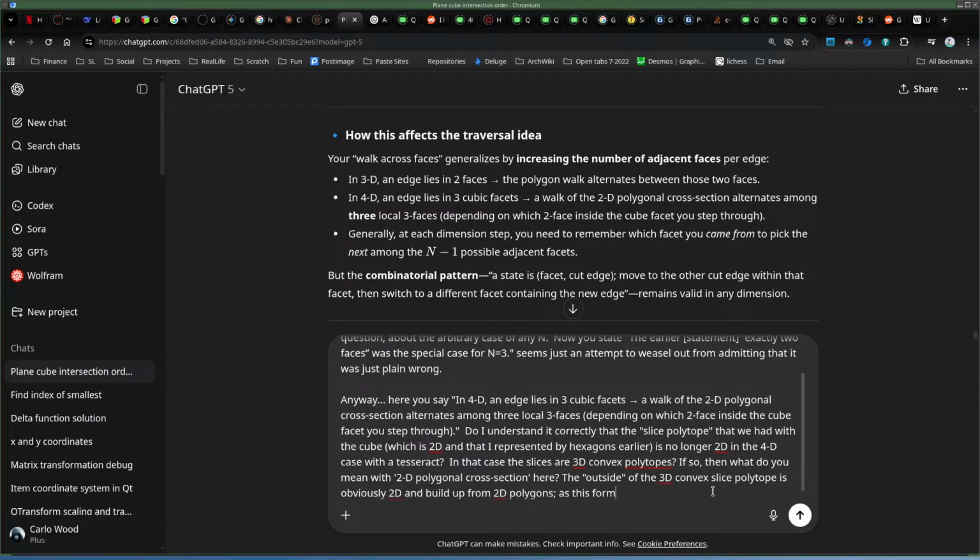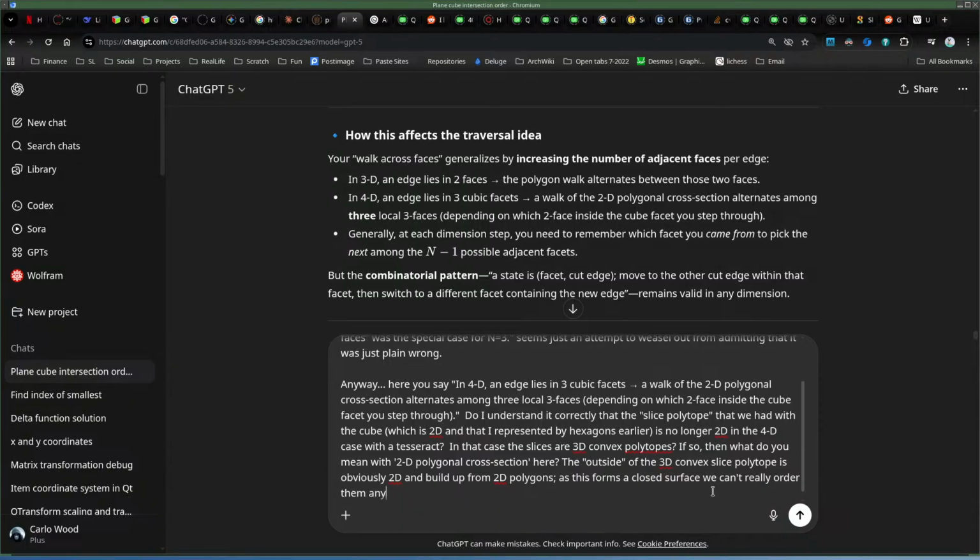As this forms a closed surface, we can't really order them anymore, etc. But we might still be able to do a walk over them.